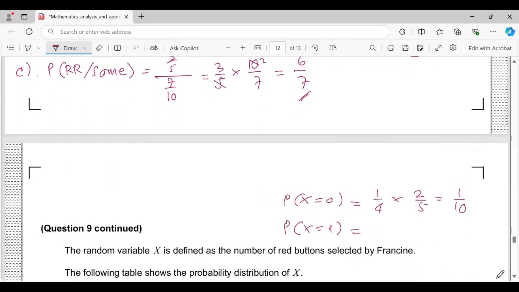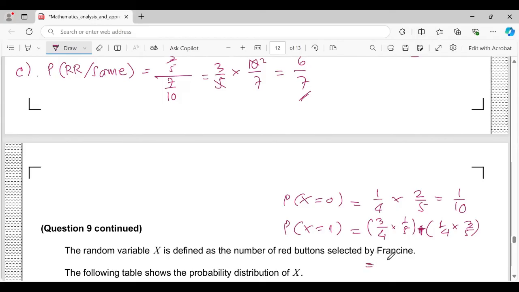So we have two ways. If 1 red, 3 over 4 multiply 1 over 5, plus 1 over 4 times 3 over 5. Just now we look on that diagram.